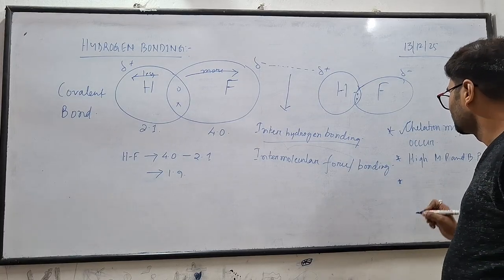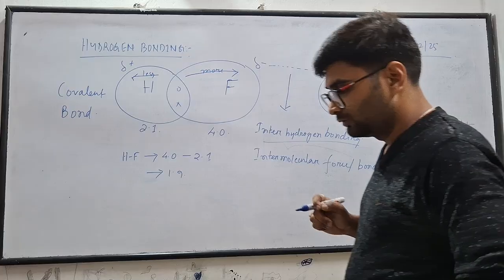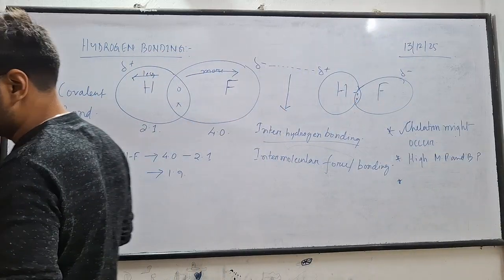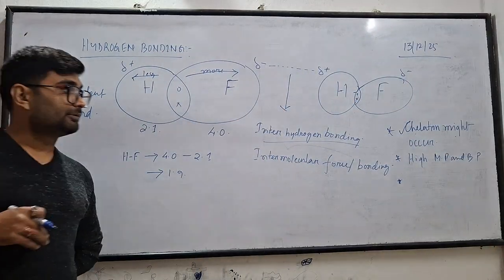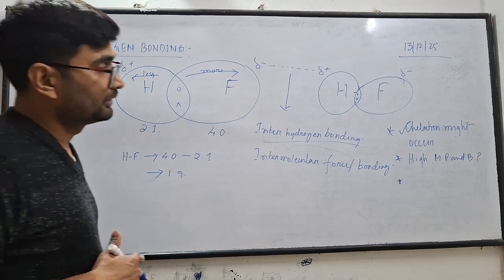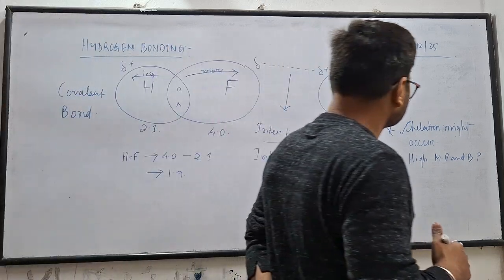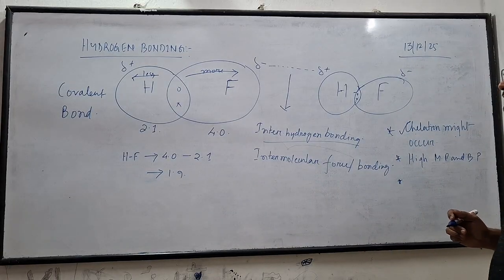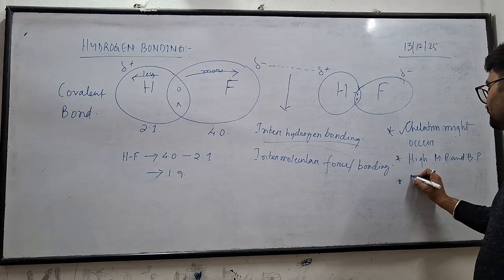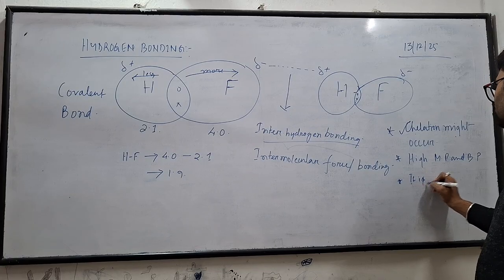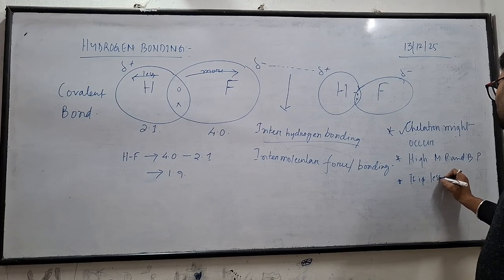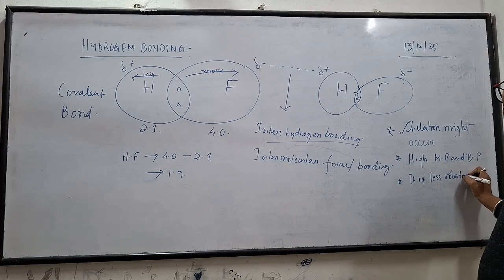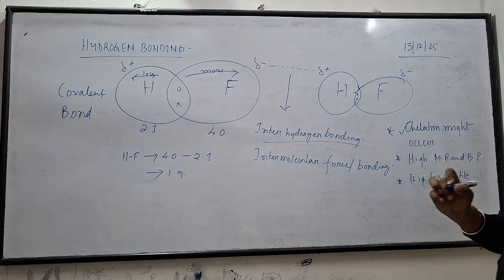Third, a very important point, what can it be? Chelation might occur, high melting and boiling point. One more important point was there. It is less volatile.